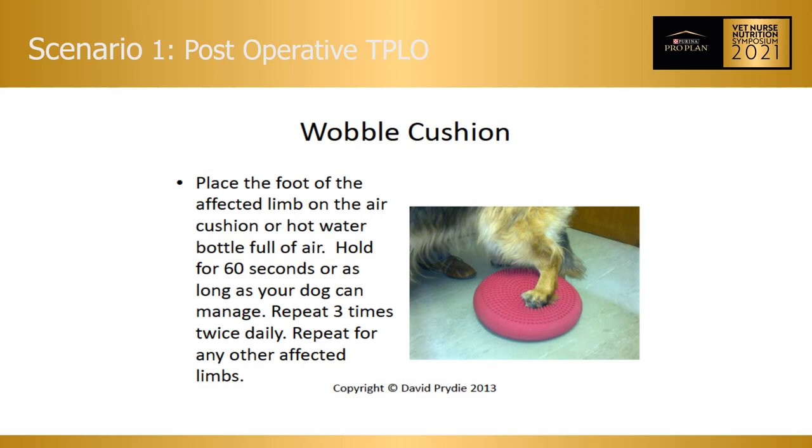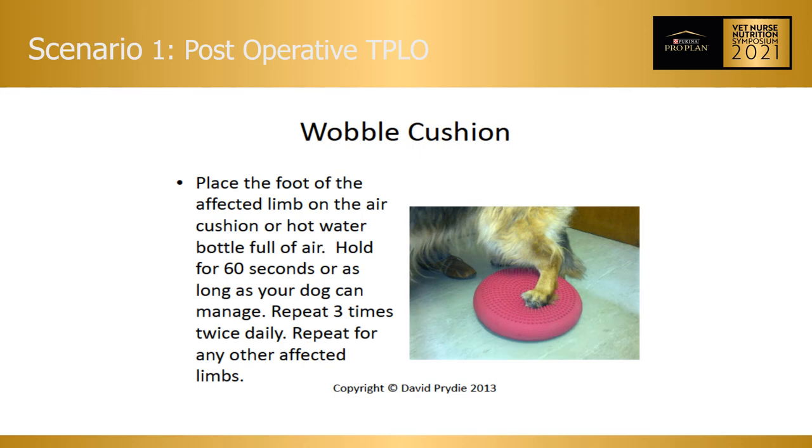And there are set amounts of time that you can hold that leg on that wobble cushion for. However, the idea is that when you start to see that leg shake and those muscles tiring, that's when you stop the exercise. But as you continue to do this exercise on a daily basis, the owner should start to notice that the amount of time that affected leg can stay on that wobble cushion before tiring increases.